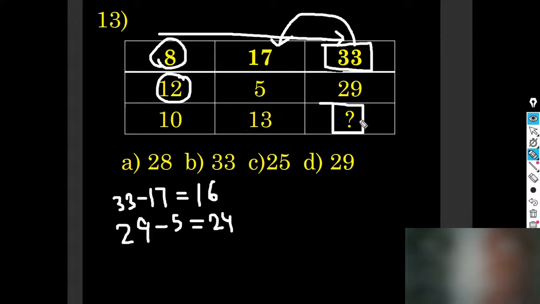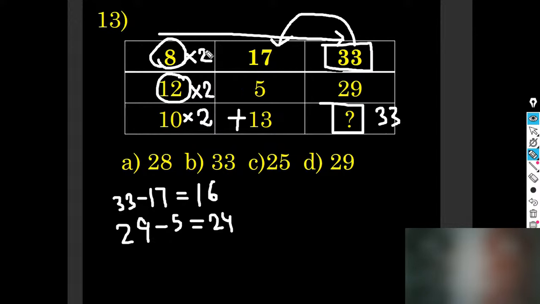Okay, so let us check how to do it. For this question mark value, 33 minus 17 gives us 16. So this 16 is nothing but 8 into 2, double the first one. Next, 24 is 12 into 2. In the same way, for the third row, where we have the question mark, it is nothing but 10 into 2. 10 into 2 is 20. 20 plus 13 gives us 33.